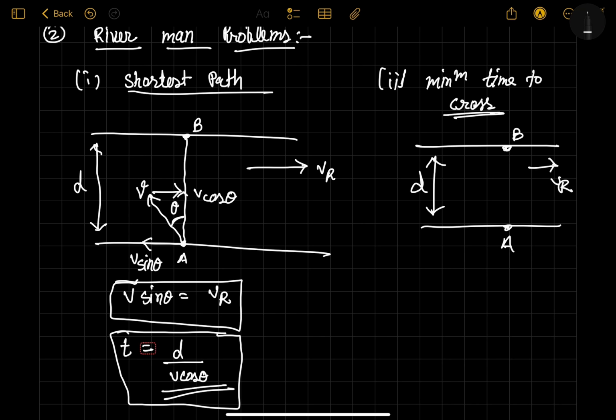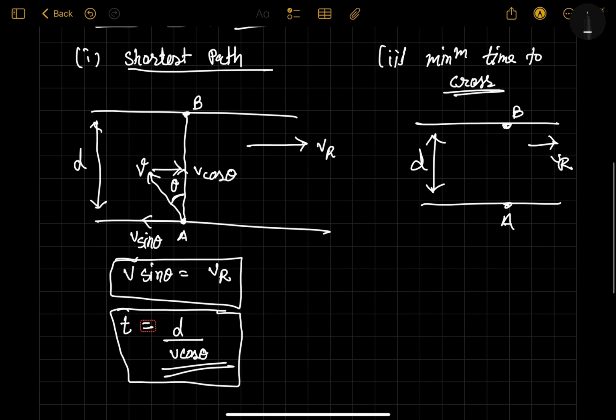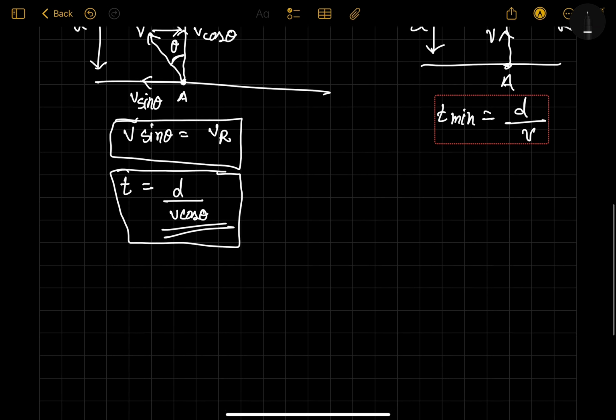For minimum time, he will be moving straight, but he will not come exactly at the opposite point, he will drift somewhat, in the direction the river is flowing. So the minimum time taken to cross the river is the actual distance divided by the velocity with which he is moving. But he will have some drift.